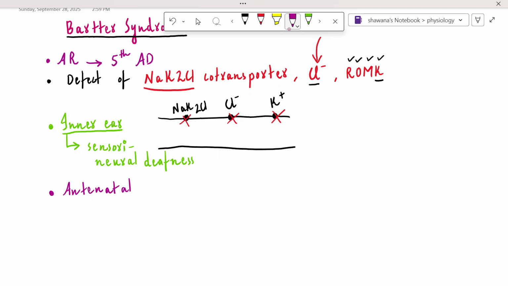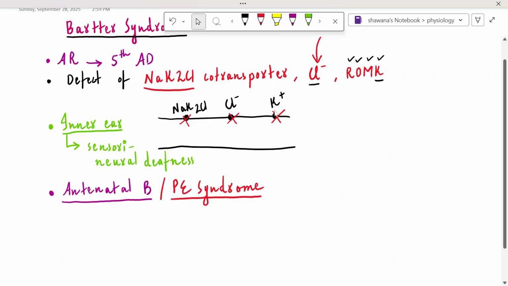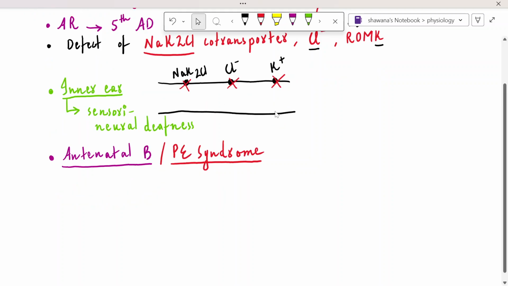It is even before the birth, and is also known as prostaglandin E syndrome, in which there is a large amount of prostaglandin in the fetus. So it means the fetus is going to have the symptoms of Bartter syndrome like polyuria, right?